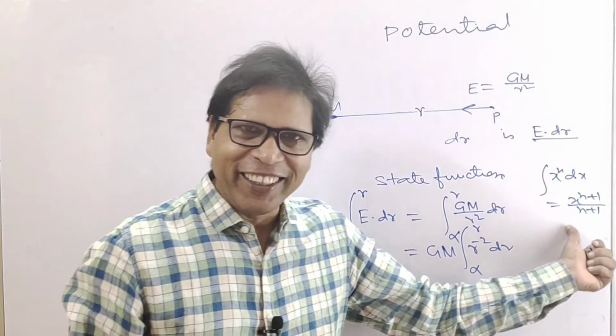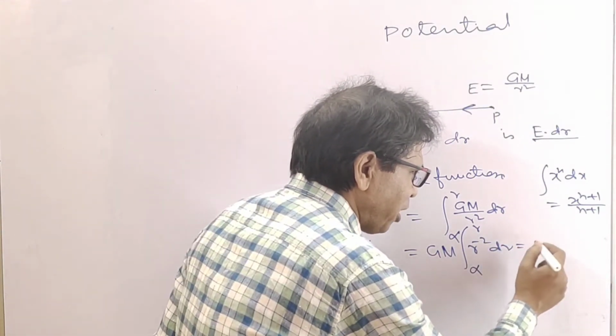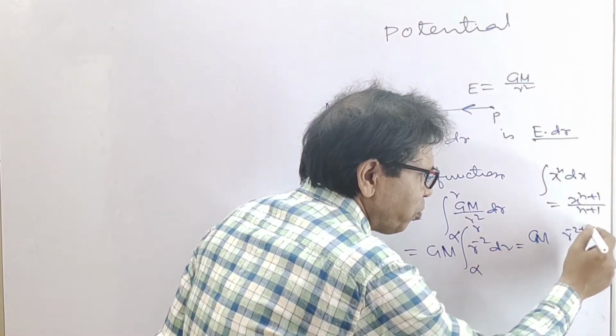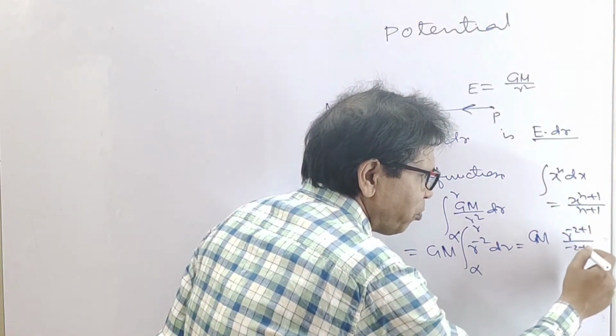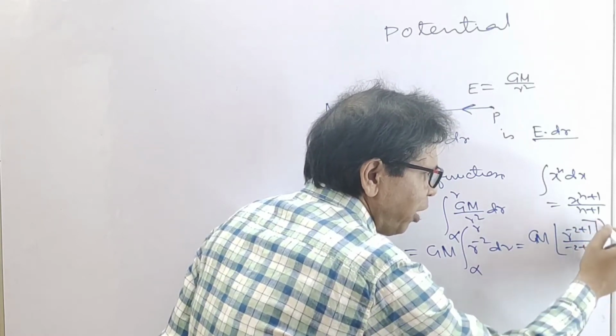Understood? So here n equals minus 2. So it becomes G M times R to the power minus 2 plus 1 divided by minus 2 plus 1, limit of integration infinity to R.